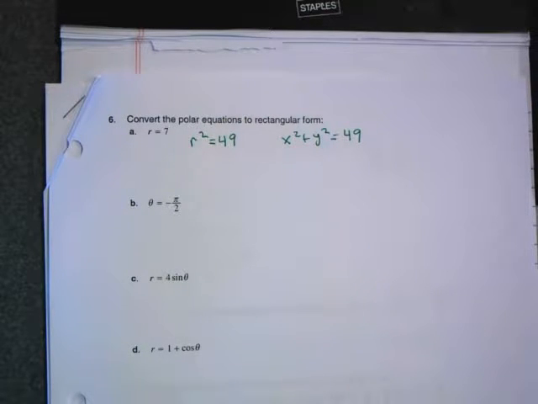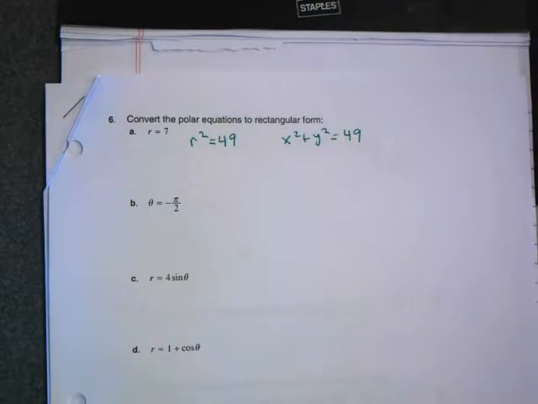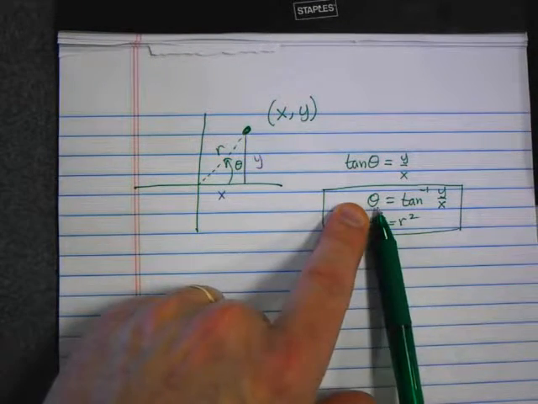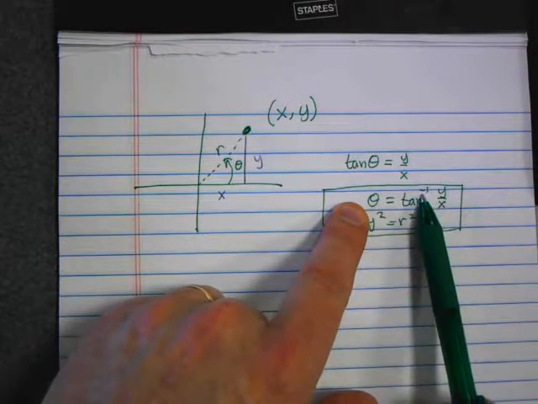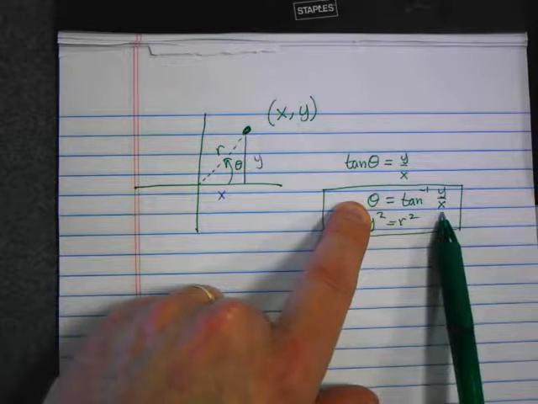Oh, how about the next one? Well, theta is inverse tangent of y over x. But do we have to? I don't know if they're on that formula sheet that I gave you.